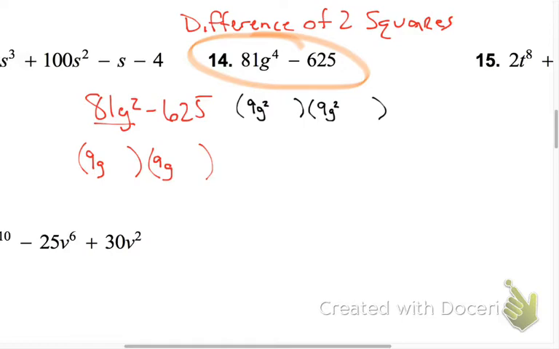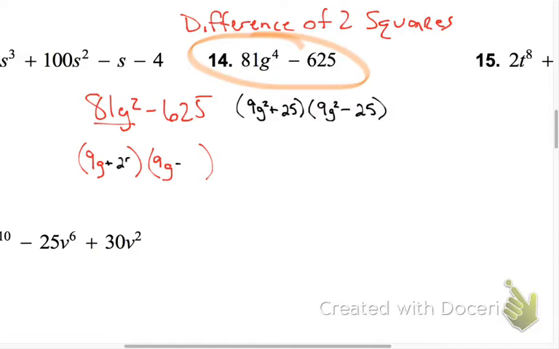It's a difference of two squares, so what happens with our signs? One's positive, one's negative. It would be the same thing on the other side. Okay? Now, what number times itself gives you 625? 25. So, 25 and 25.